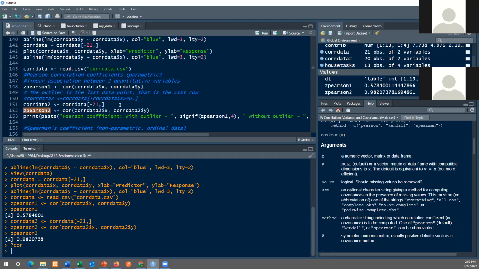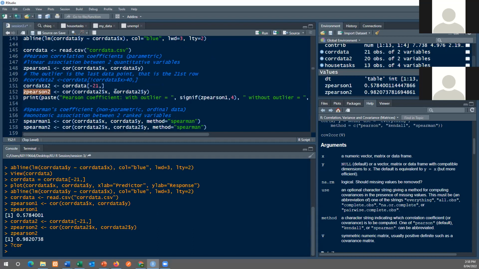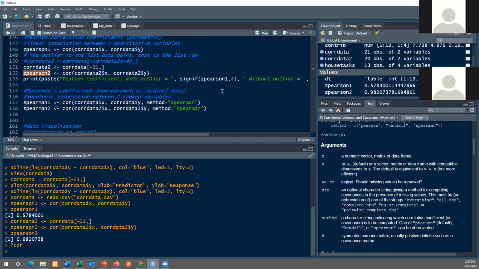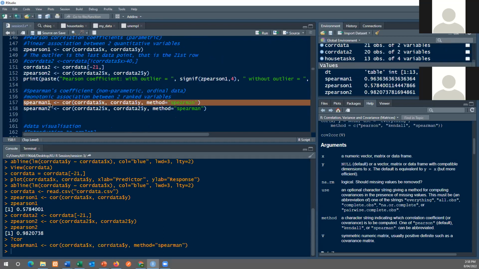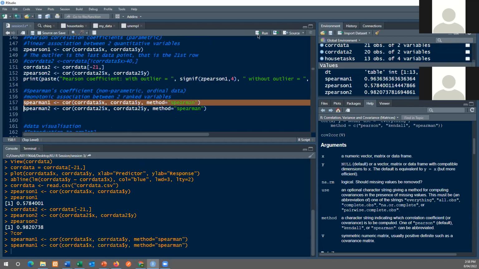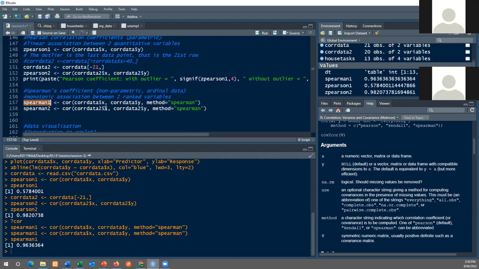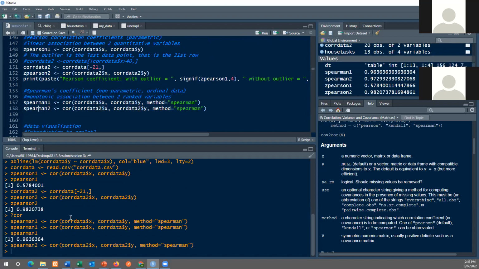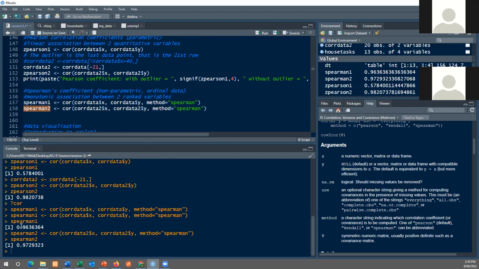If you have any extreme data, then the correlation will not be reliable until you remove the outlier. You will get a kind of skewed result. But look, with the same data set, now we are doing the Spearman. We run the Spearman correlation here and get 0.96, and now if you remove the outlier and do the same Spearman, you see it slightly increases, 0.96 and 0.97.